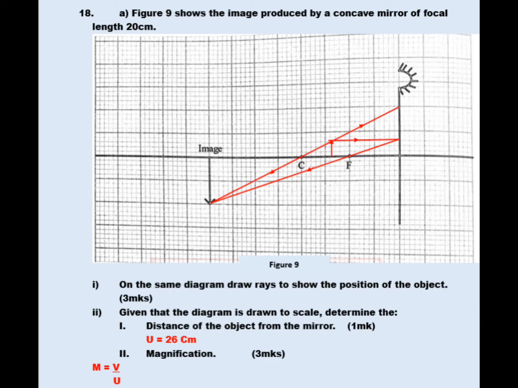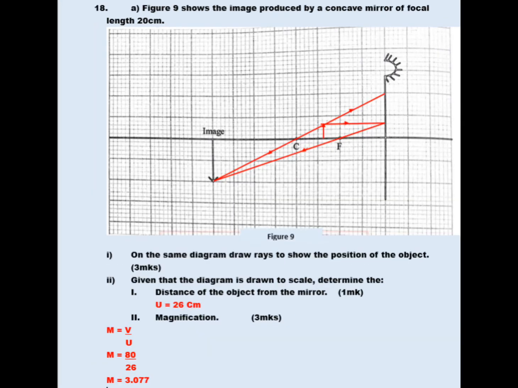Of course each small square is 2 centimeters, so that is 26 centimeters, because 5 small squares represent 10 centimeters. That means this one will be 26 centimeters.